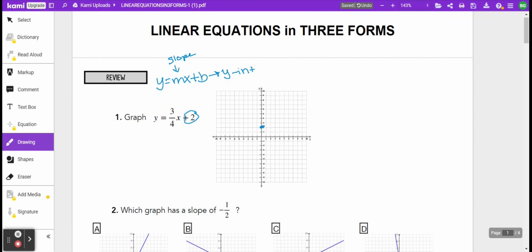And my slope is 3/4. So remember, we're talking about change in y, change in x. Since it is positive, I'm going to be moving up 3 units and to the right 4. So starting at that 2, I'm going to come up 1, 2, 3, and over 1, 2, 3, 4. You can add in more points if you want, or we can go ahead and draw in our line.